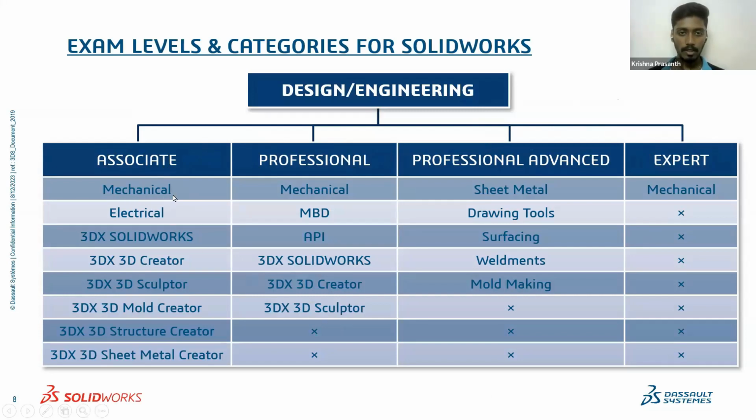This is the first exam, using part design and assembly at a basic level. With this certificate, we can get a basic idea of what the exams will be and how the questions will be asked.